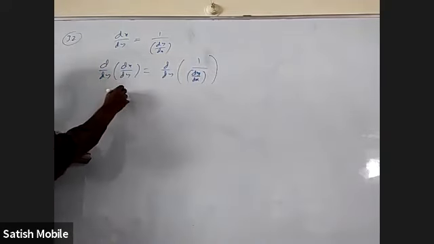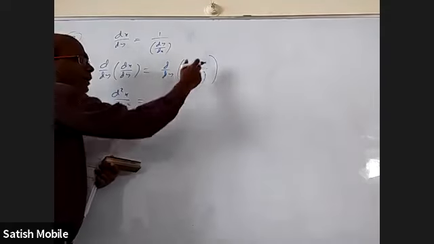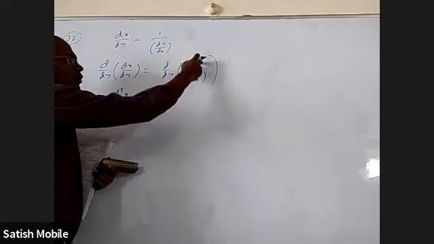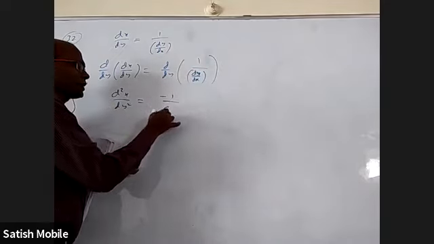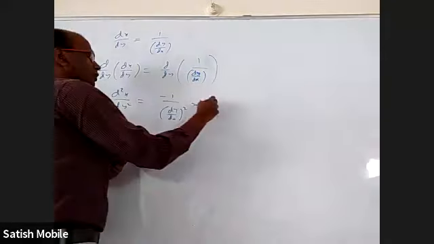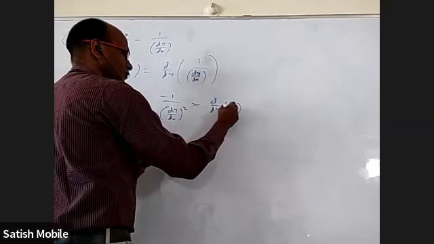This is d square x by dy square, second derivative with respect to y. For 1 by t, what is the derivative? Minus 1 by t square. So the derivative of 1 by something is minus 1 by dy by dx whole square into d by dy of this, which is dy by dx.